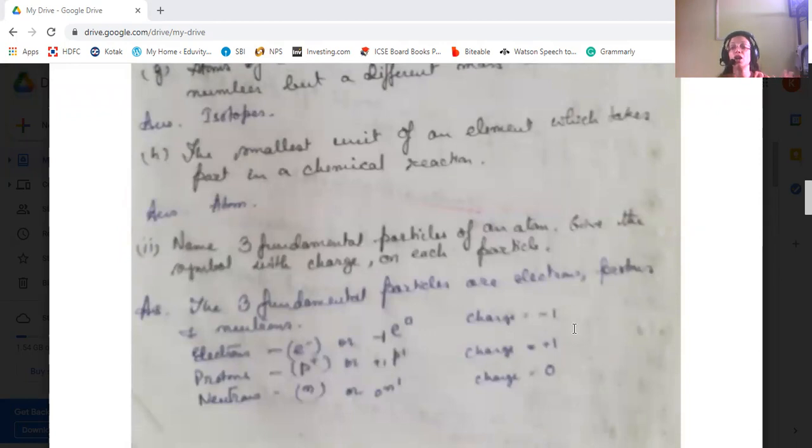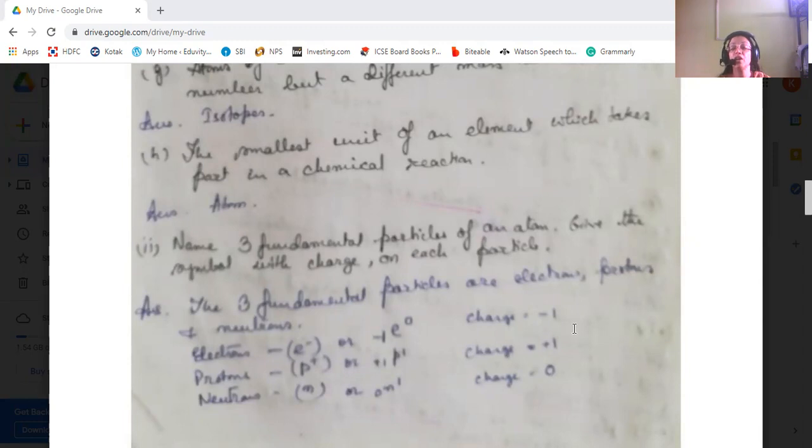Electrons have a negative charge, and the symbol is e with subscript -1 and superscript 0, so the charge is -1. The proton symbol is p with a plus, or p with subscript +1 and superscript 1, so the charge is positive, +1.